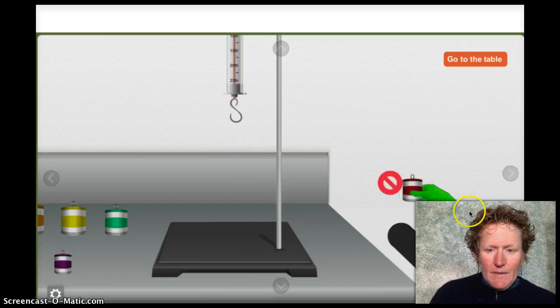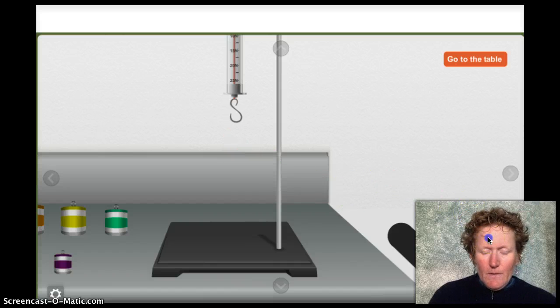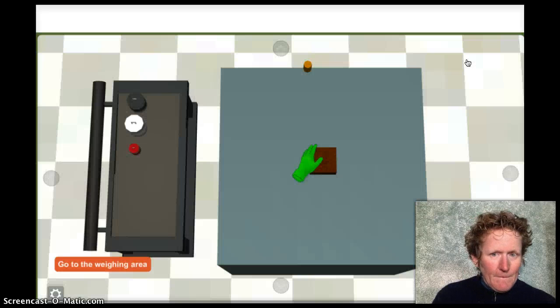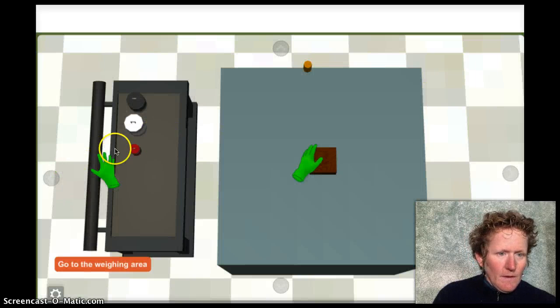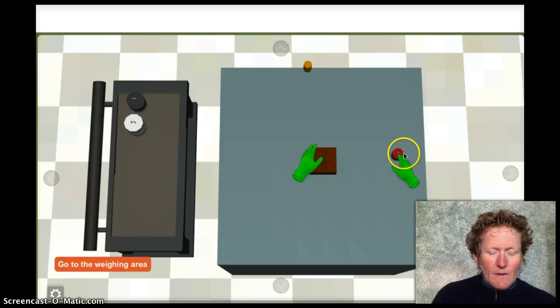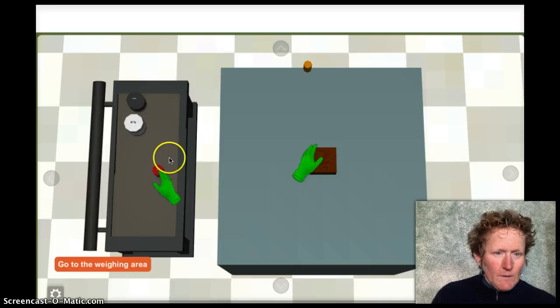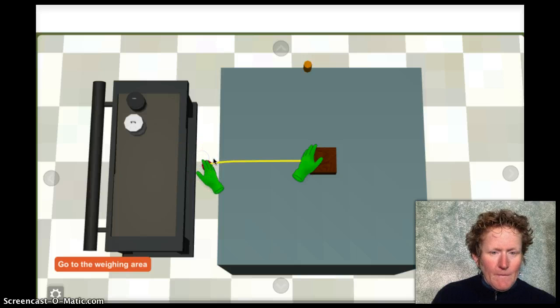Let's take this mass, put it on our tray, or our little cart, and go to the table. We'll take the smallest one. We'll ignore that. We want to go to the left here, and let's drop it and see what happens.